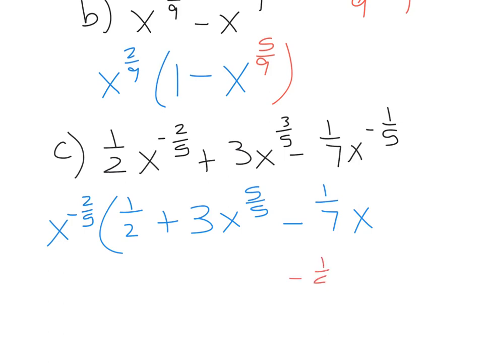Negative 1/5 minus negative 2/5. These turn into plus, so they are different signs. So basically that means you have to subtract and take the sign of the larger one. So that would be a positive 1/5. So this is going to turn into positive 1/5. And that's the factored form.